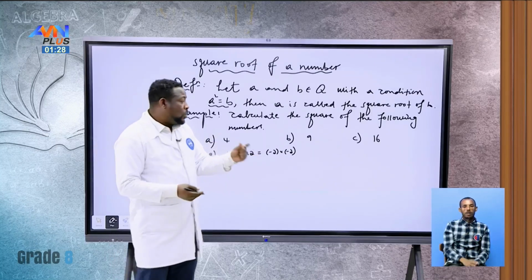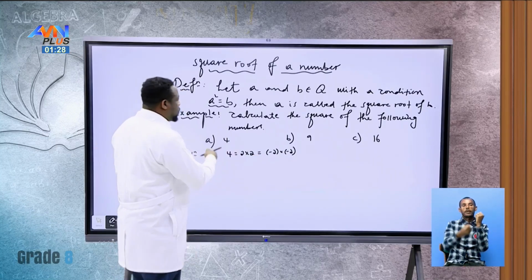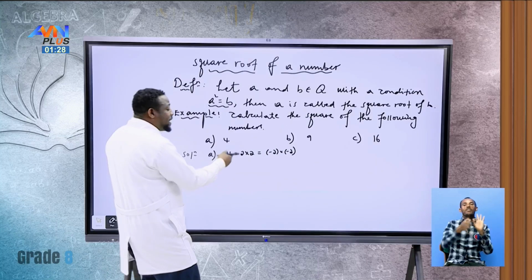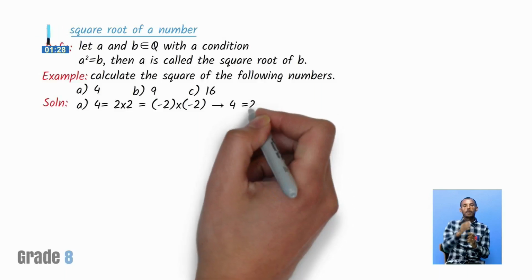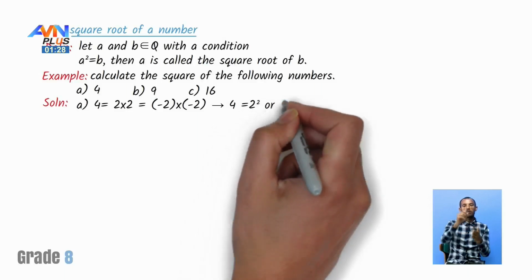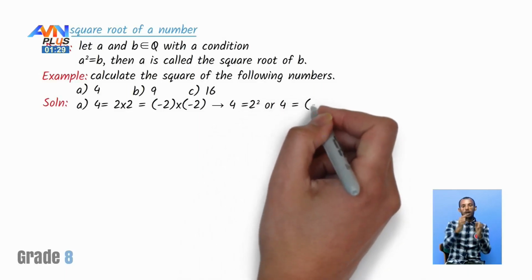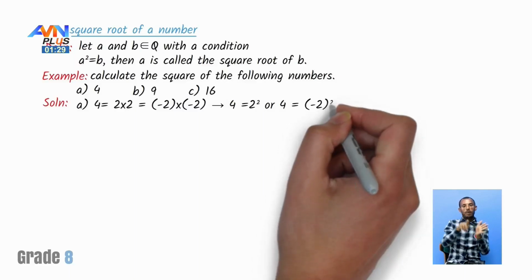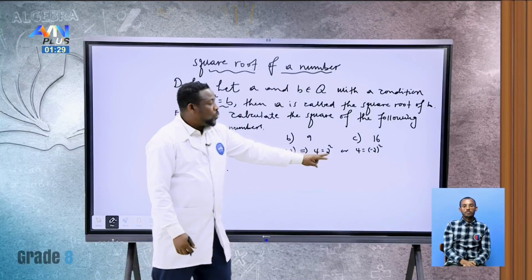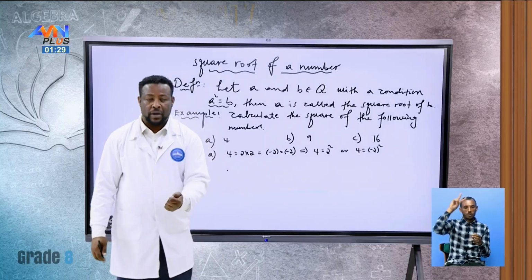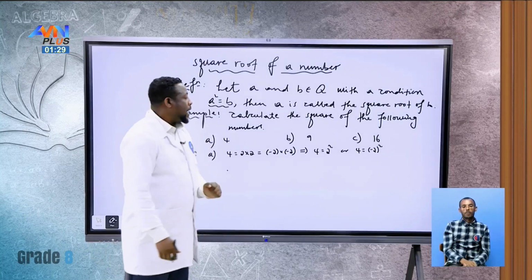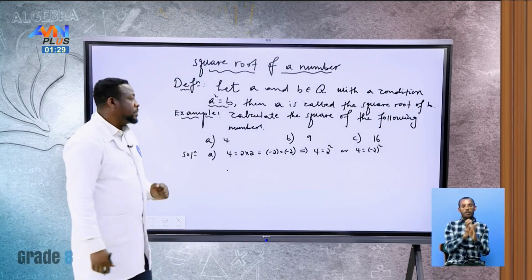Okay, so based on the definition, we can rearrange 4 in this manner. 4 can be written as 2 square, or 4 can be written as minus 2 square. So 2 or minus 2 is the square root of 4. Okay, this is how we calculate the square root of a number.